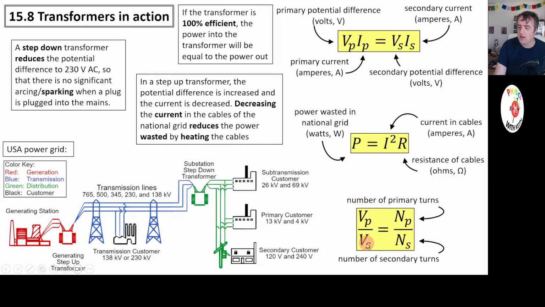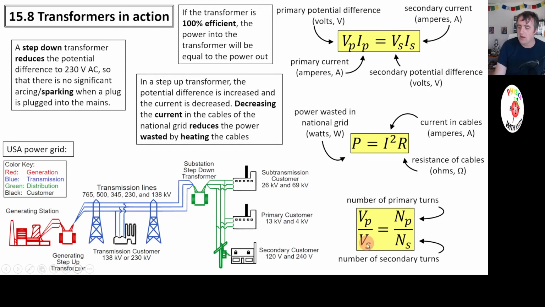So if I do 15 on the primary divided by 6 on the secondary, that means that the primary is 2.5 times higher than the secondary. VP over VS equals 2.5. So if the secondary is 10 volts, then the primary is 25 volts. We're just using this equation.